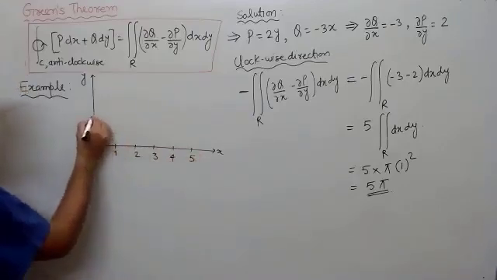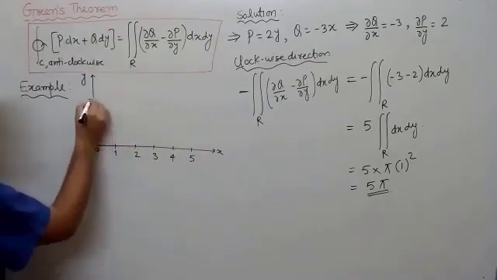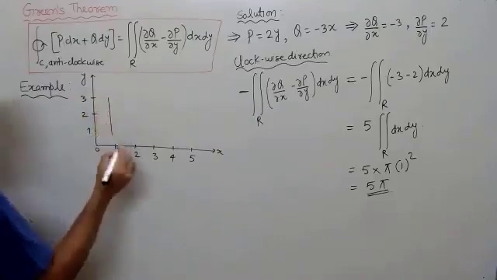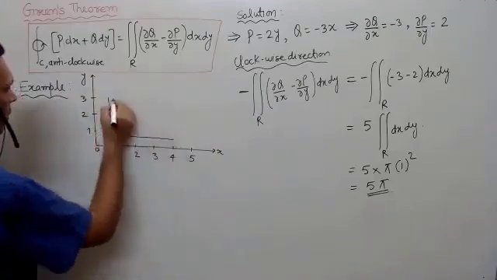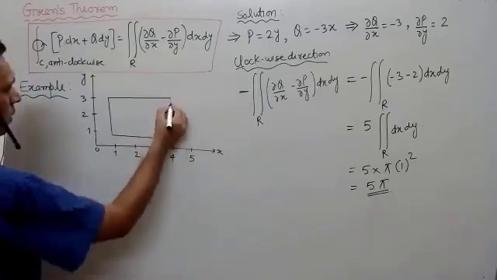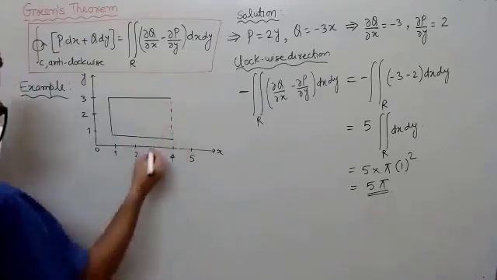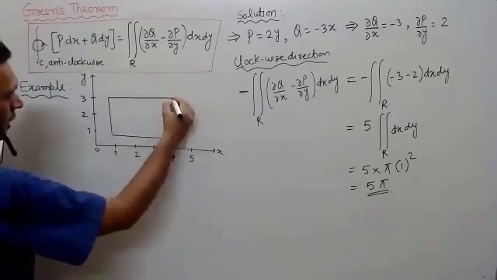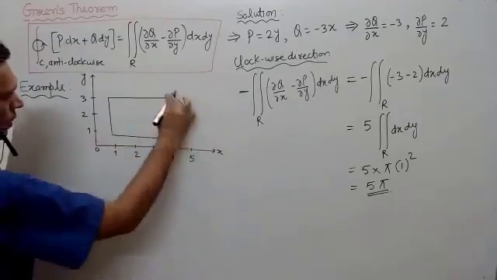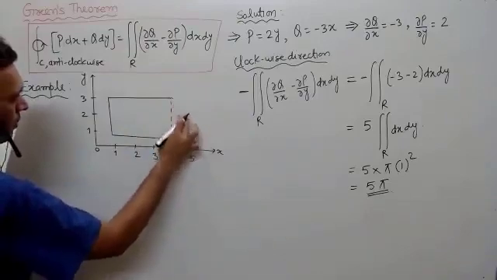So 1, 2 and 3. So you have this region. And again, this path is semicircle.